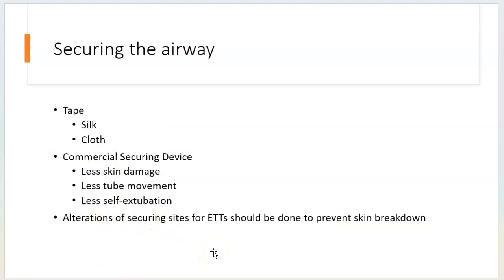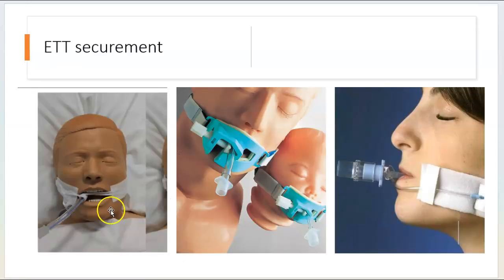And when we're securing the devices, we want to make sure that we're always looking to prevent skin breakdown with our ET tube. So whatever device we're picking, we want to make sure that we're using it appropriately so that it doesn't cause skin breakdown and lead to complications for our patient. So here's an example of a patient whose ET tube is taped.